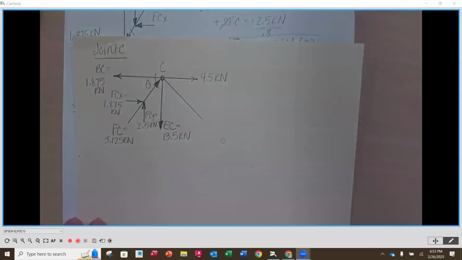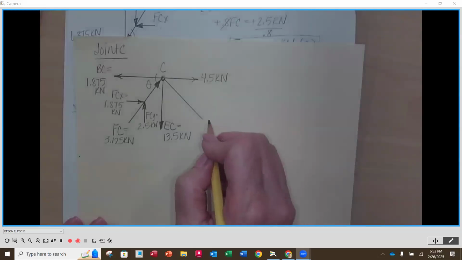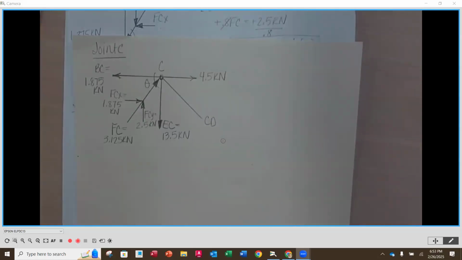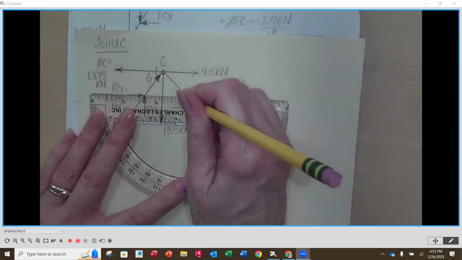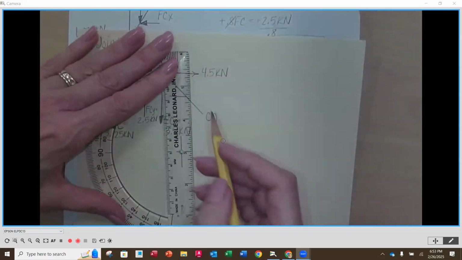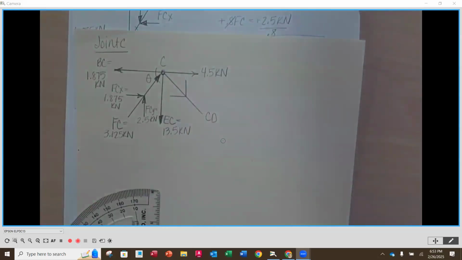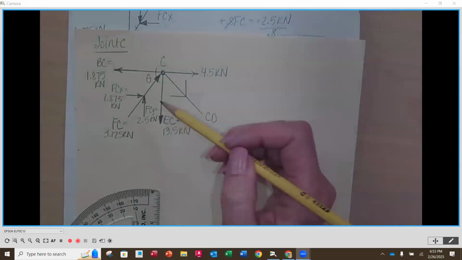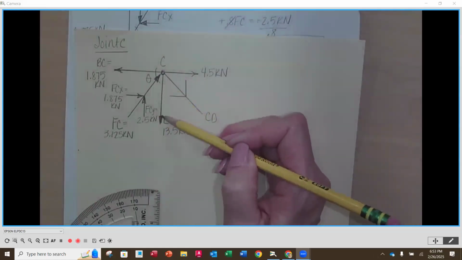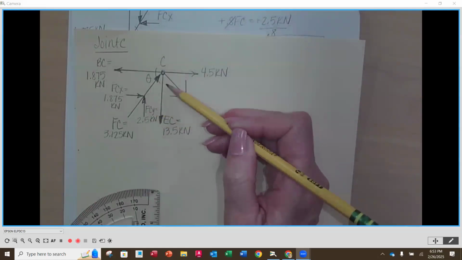So our only unknown is C to D. Now that's at an angle, so it's going to have X and Y components. I'm going to put that this way and that way. We've got an up, we've got a down, we've got more down than up, right?